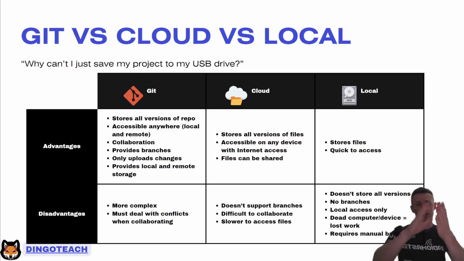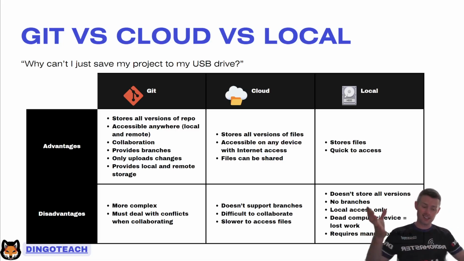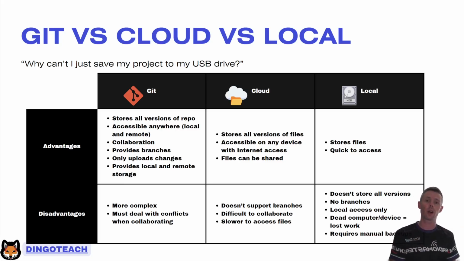You can make branches to go off your main timeline to make breaking changes and then merge it back in when it's great, or delete it when you hate that timeline. It only uploads the changes you make as opposed to the raw files every single time. And it provides that local and that remote storage. So if you have no internet connection, it's still on your computer. You can still work on it, okay? It's still technically a local copy.